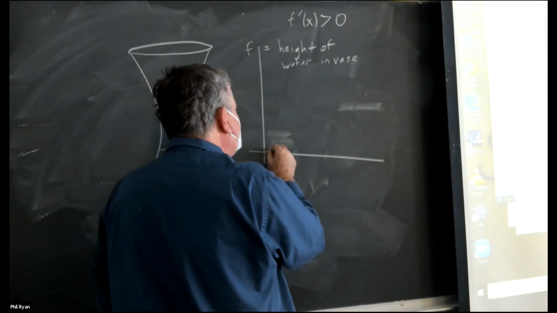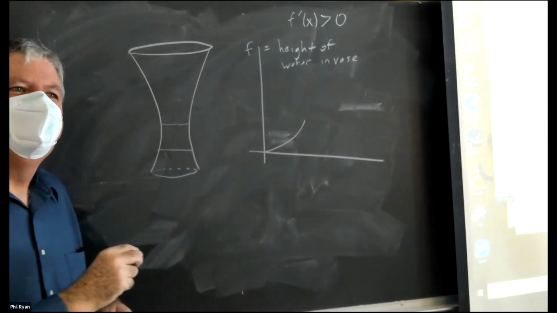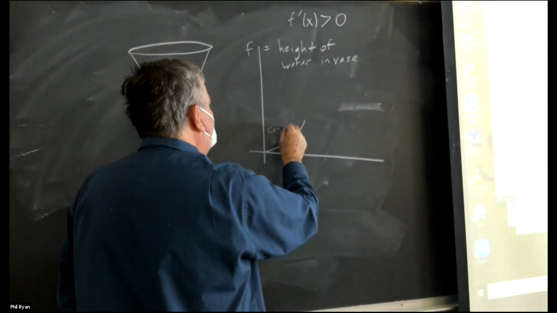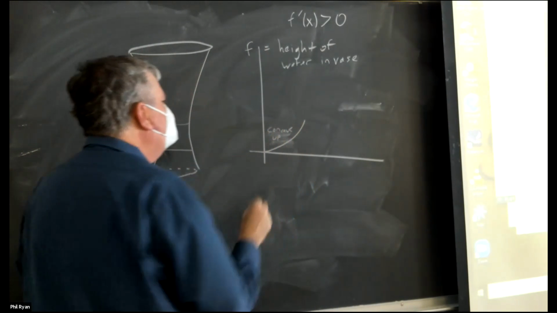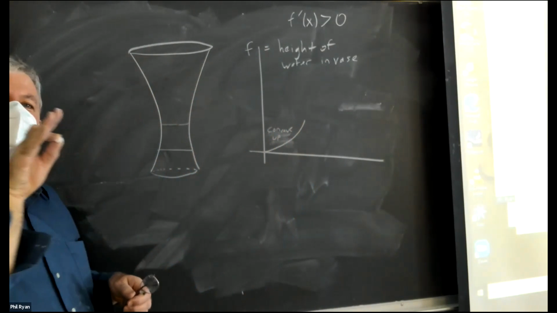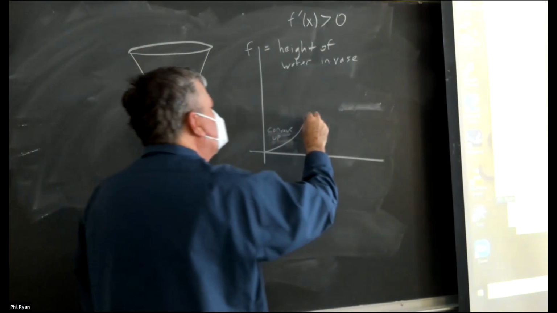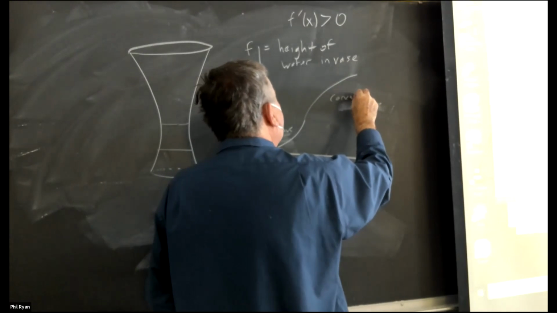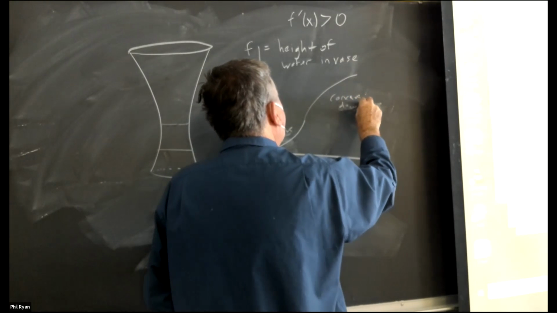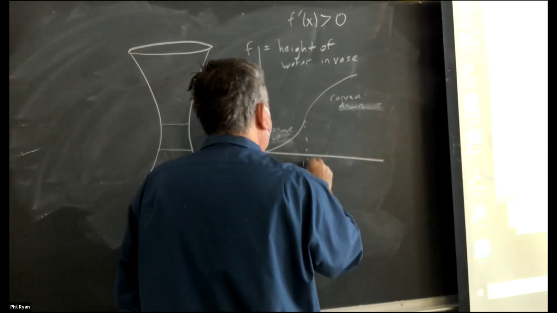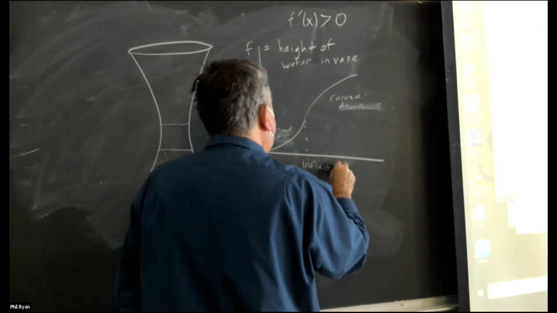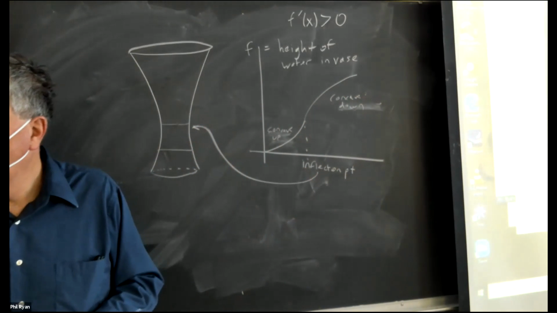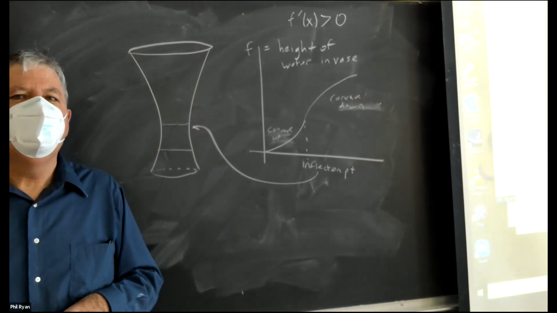It's concave up, right? Because it's going to look like that. Yes, it's concave up. Sorry. And then after it reaches that point, it starts to flatten out. So it's going to sort of go like this. It's concave down. Here's our inflection point. And it corresponds to that thing there.